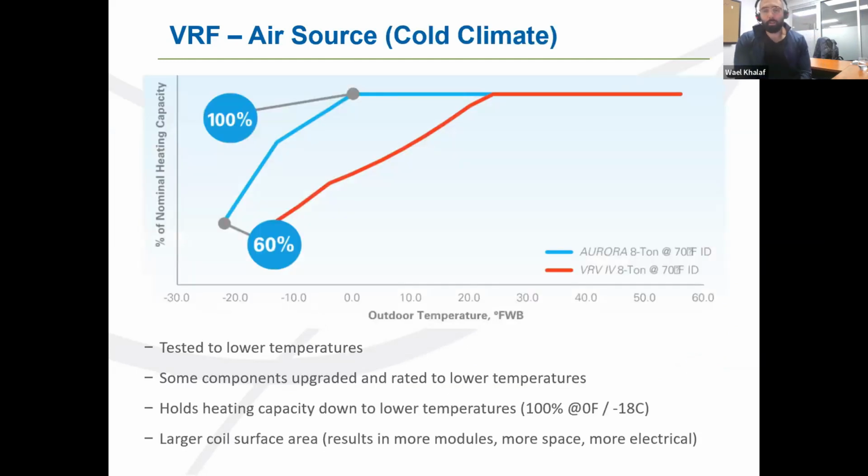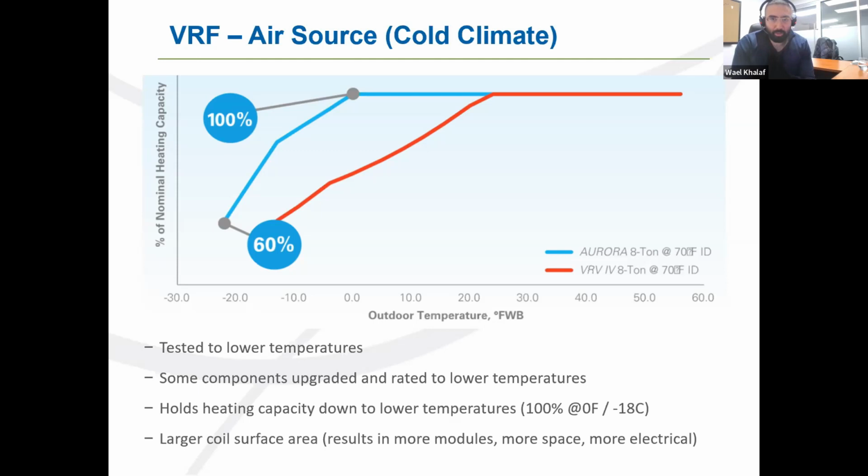Again, here's another comparison in terms of temperatures and capacity. If I look at a comparison between my cold climate machine and my standard machine, this graph demonstrates how much of its nominal capacity I'm able to maintain as the outdoor temperature starts decreasing.